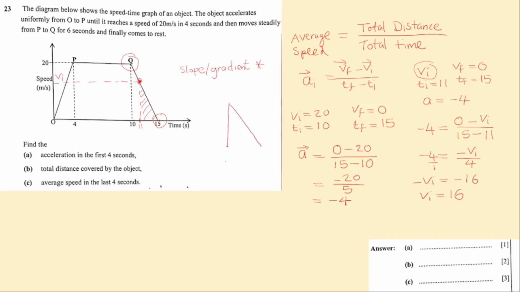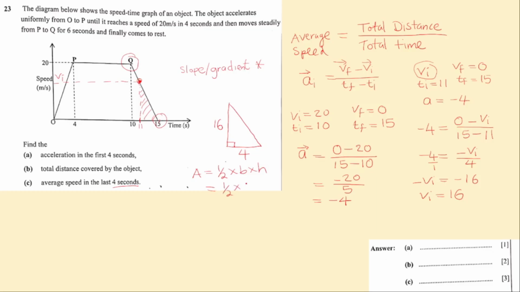So we now are going to find the area of this triangle. Remember that the base is 4 because this time interval lasts for 4 seconds. The area of a triangle is given by half by base by height.